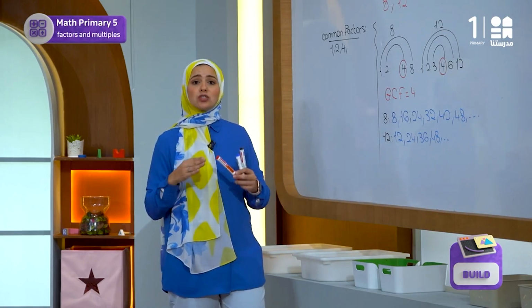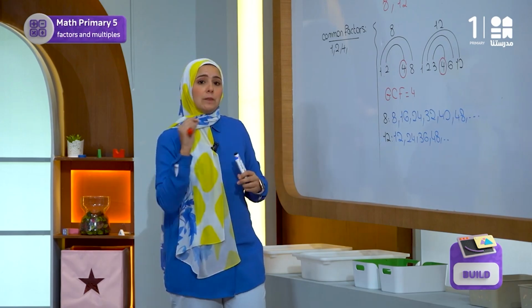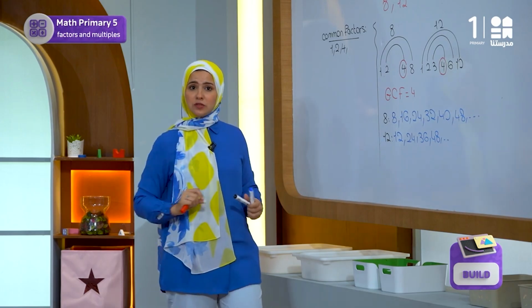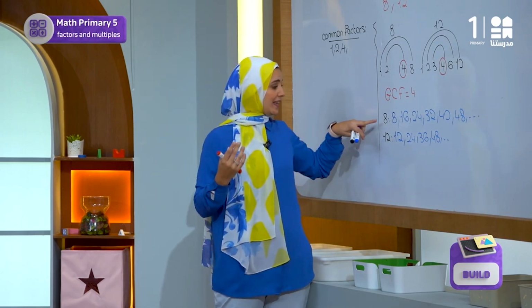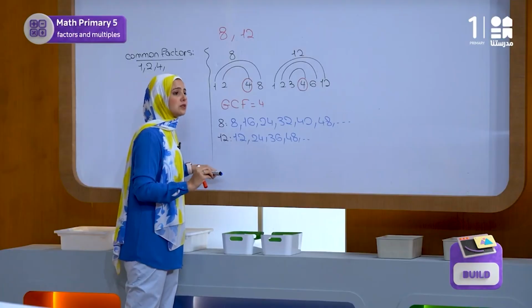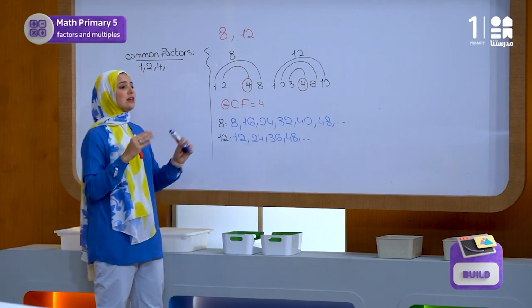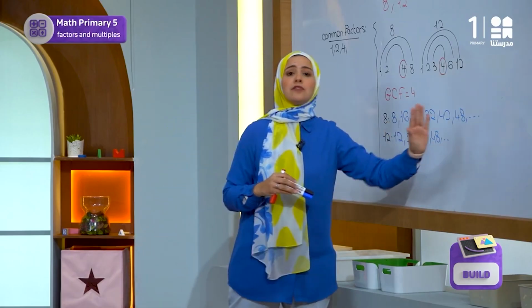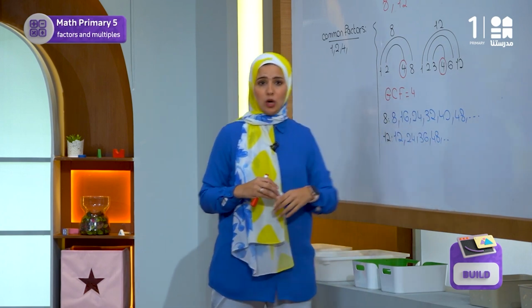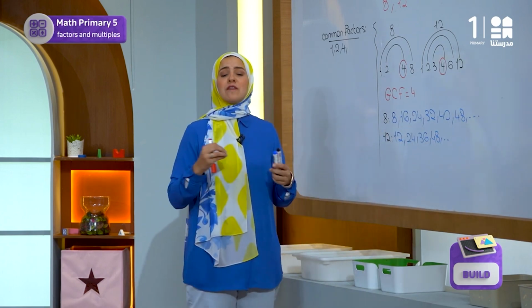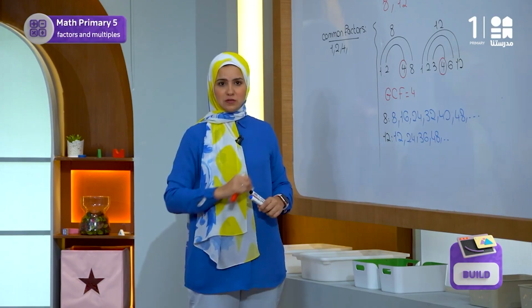We will notice that all of them are even numbers. Why? This is very important because 8 and 12 are even numbers, so their multiples are also even. And we can find an infinite number of common multiples, because the multiples of numbers are unlimited.